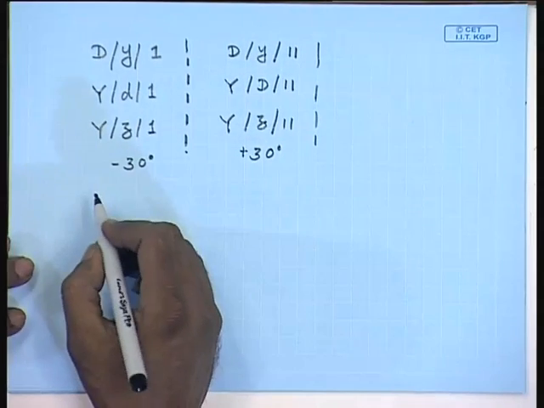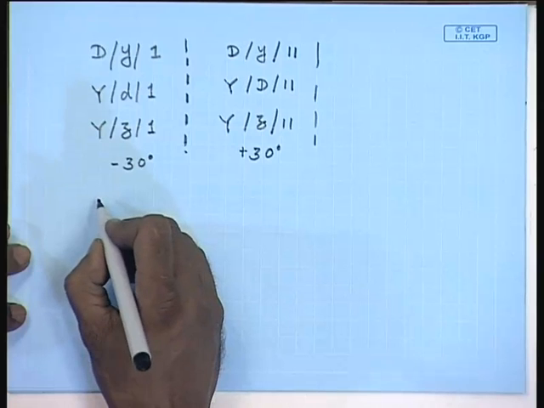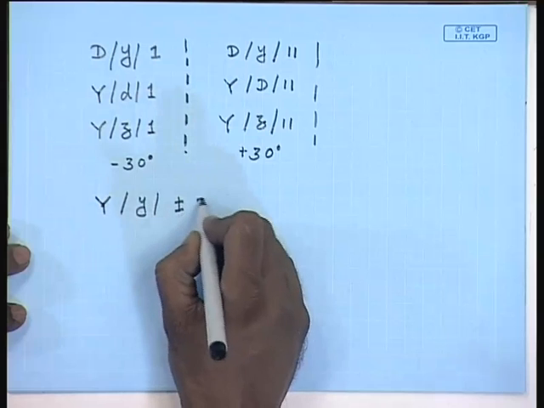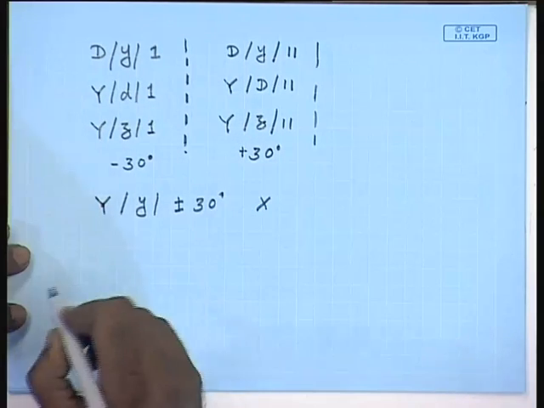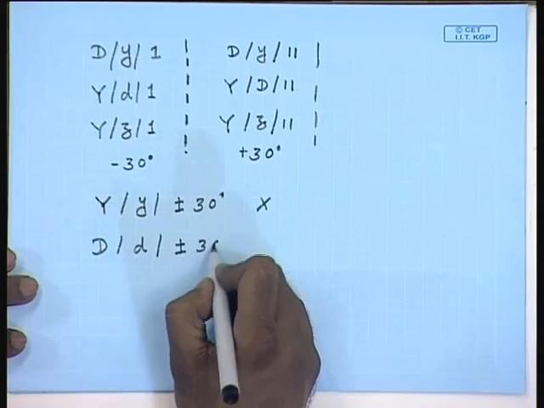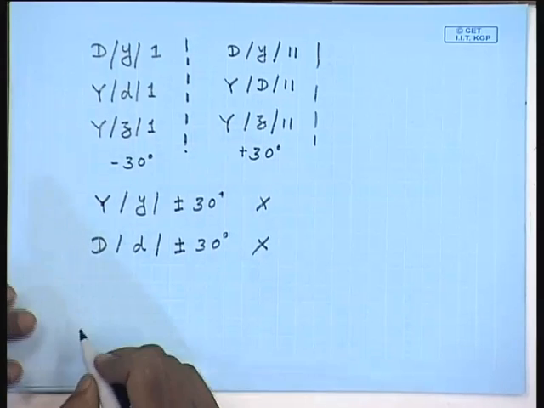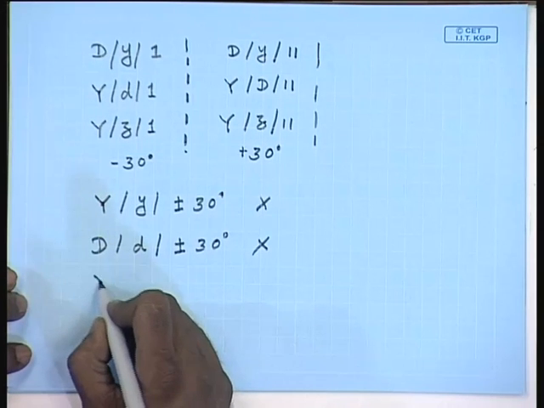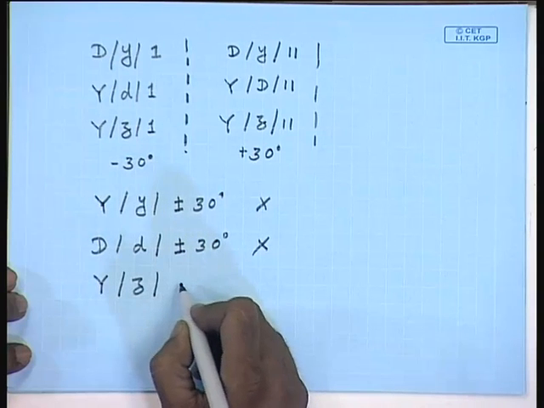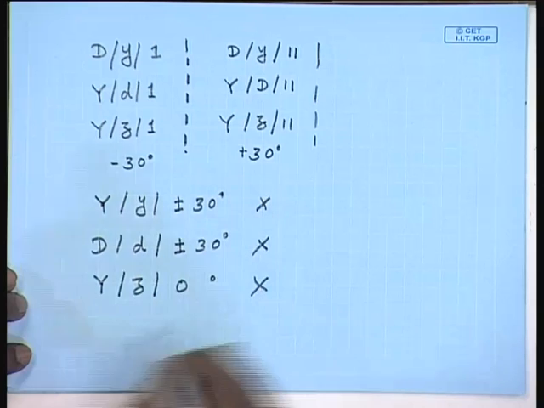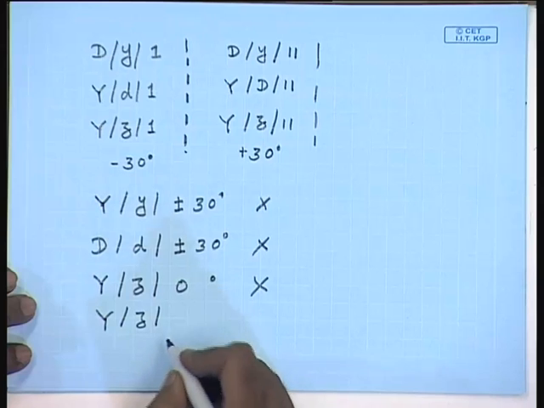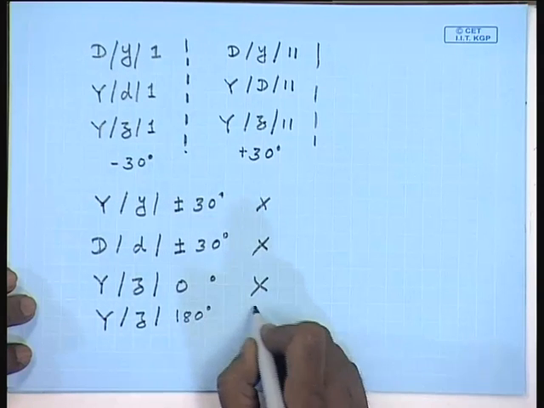The configurations that are not possible are Y plus or minus 30 degree, this is not possible. D plus minus 30 degree, this is also not possible. Y Z 0 degree, not possible. Y Z 180 degree, not possible.